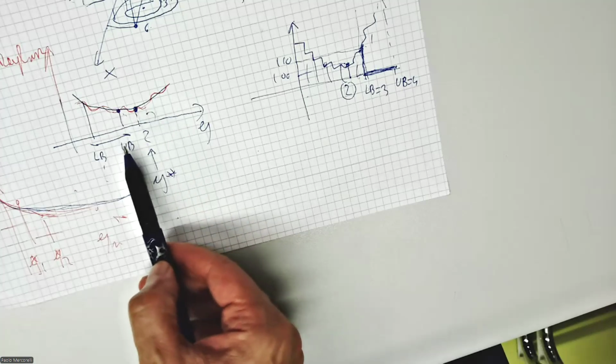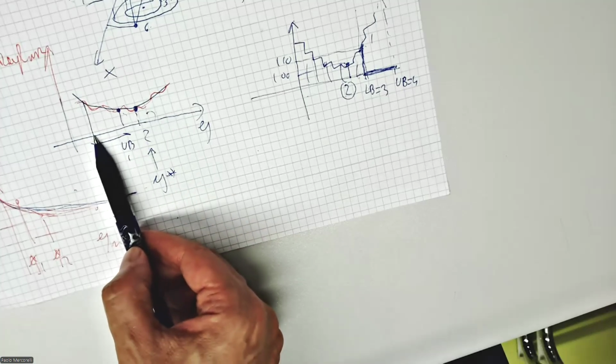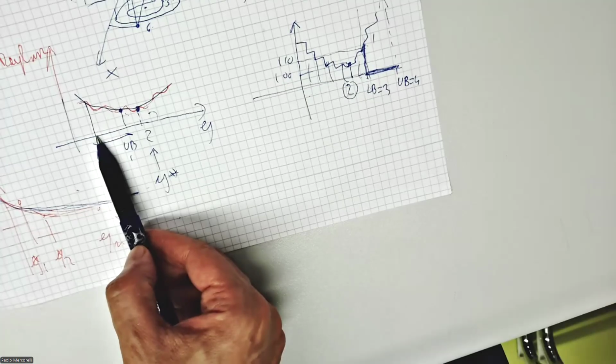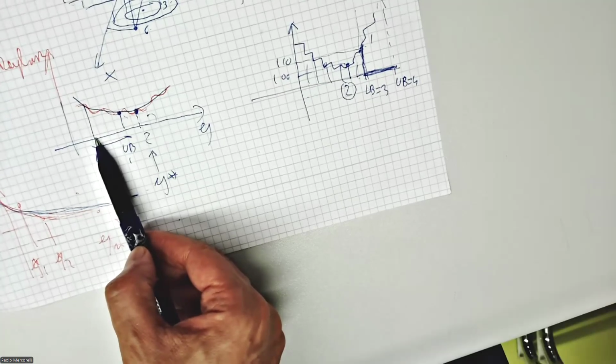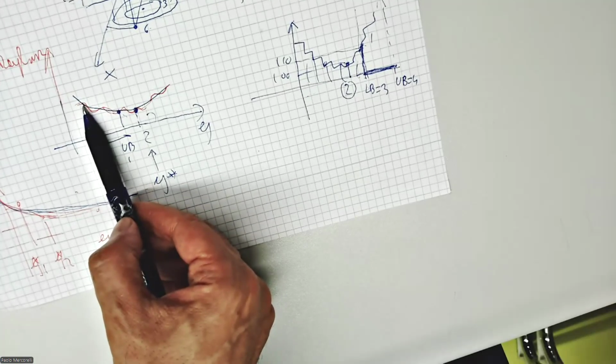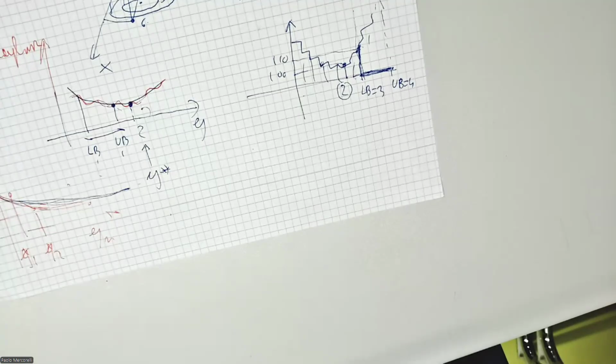I mean, between this point and an infinitely small point on the right, we have something which is not infinitely small. Infinitely small does not exist. Small exists. What is the meaning of small in our case? It is the resolution of the computer. We're speaking about something which doesn't exist.